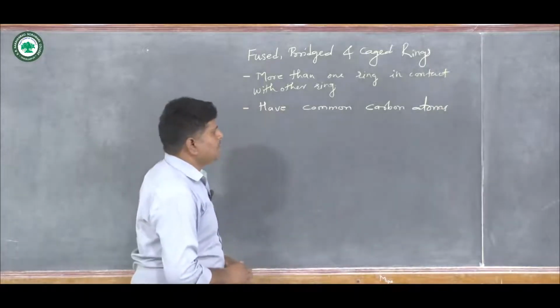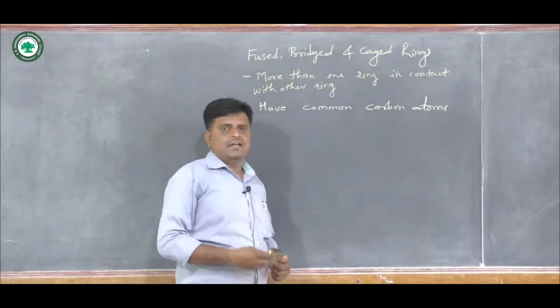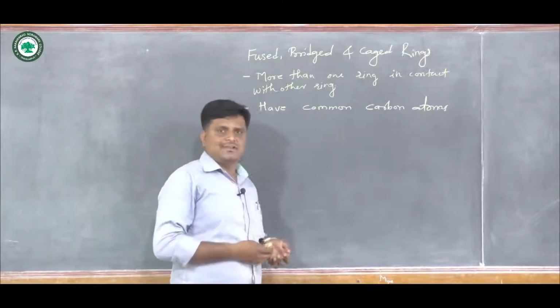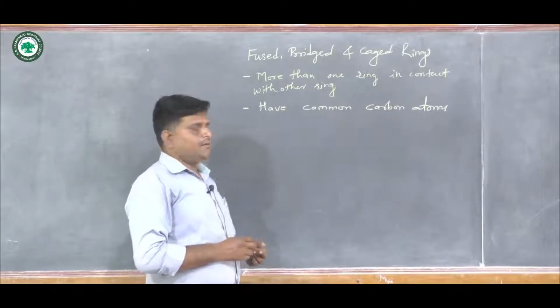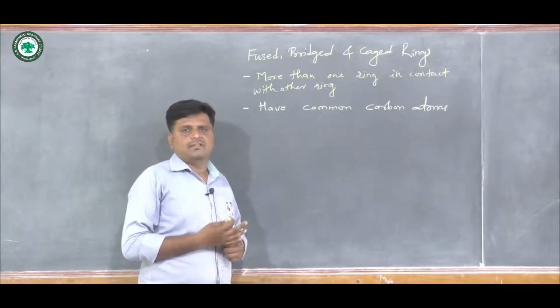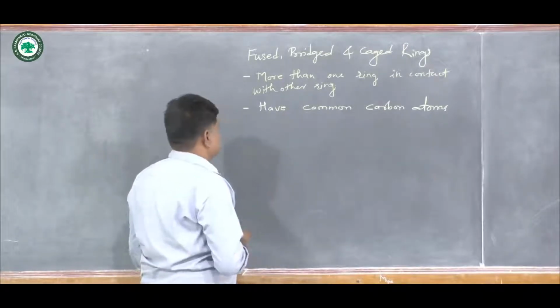Now we try to differentiate this type of fused rings by taking how many carbon atoms are common in those rings.